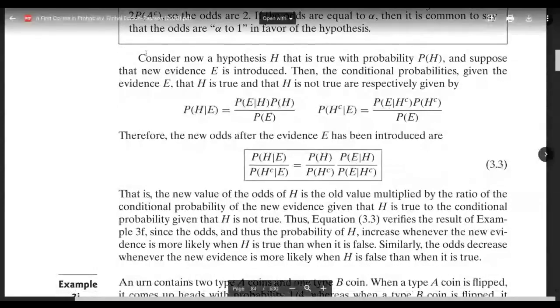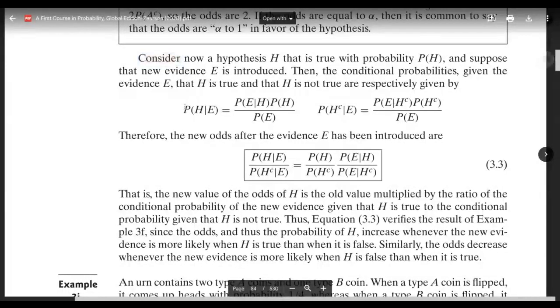Let's read this. Consider now a hypothesis H that is true with probability P of H, and suppose that new evidence E is introduced. Then the conditional probabilities given the evidence E that H is true, and that H is not true, are respectively given by this.